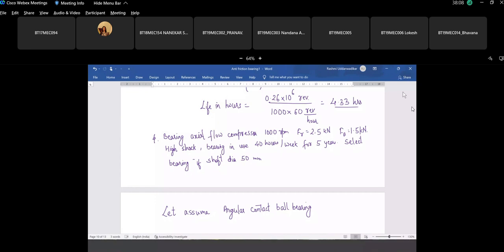How is an angular contact ball bearing different from a deep groove ball bearing? Manas?